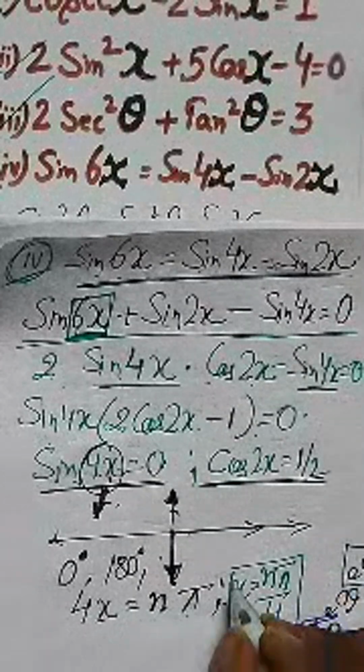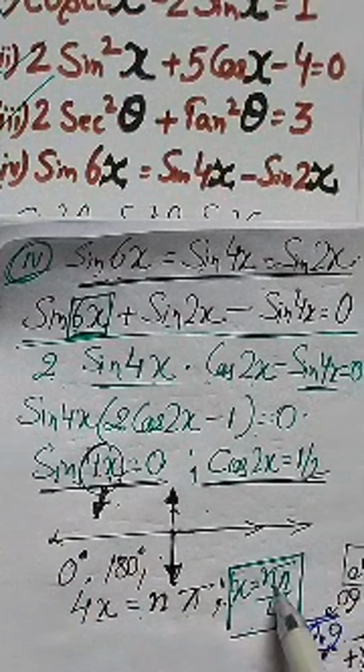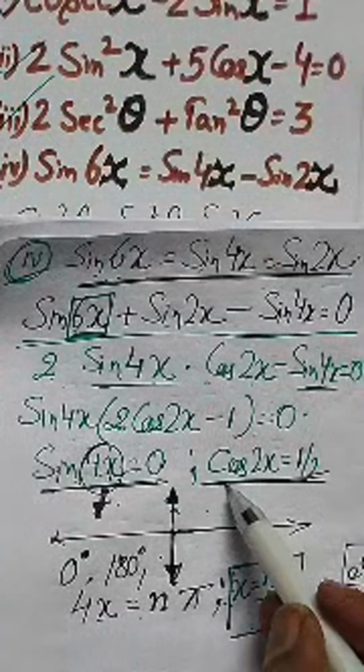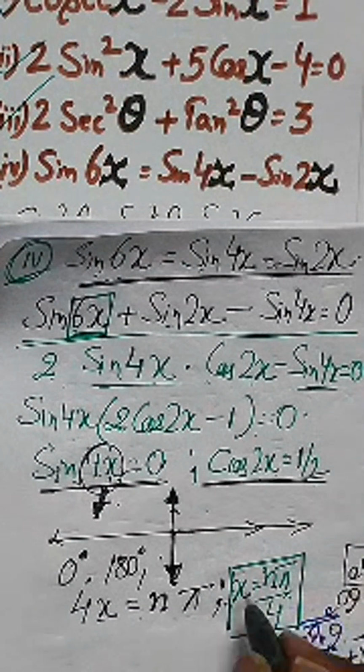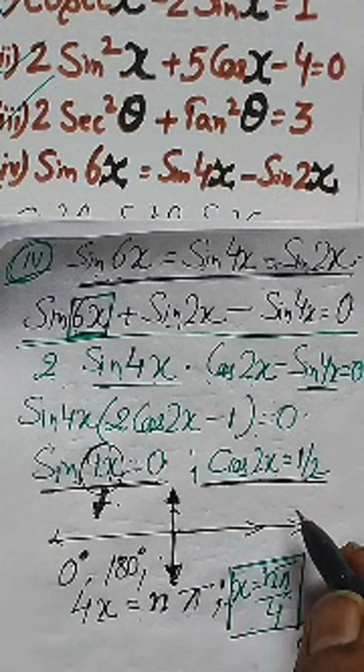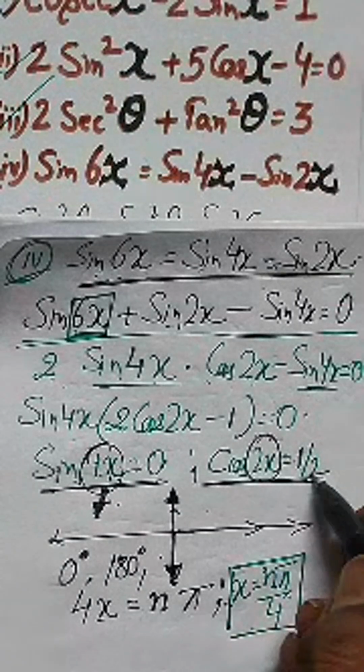So this is one of the solution for this, because sine 4x equal to 0, from here we have derived it. Now the second part, cos 2x equal to 1 by 2. Here, cos of 2x equal to 1 by 2. So first of all, let us see when cos is 1 by 2.